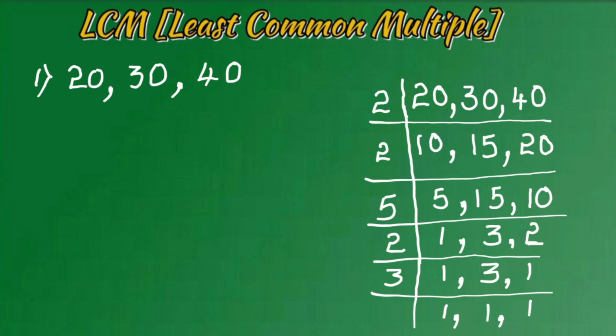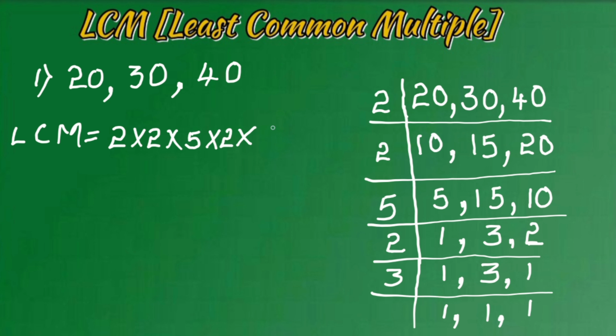Now by multiplying the numbers by which we have divided 20, 30 and 40, we will get the LCM of all these numbers. LCM, that is lowest common multiple of all the given numbers, that is 20, 30 and 40, is 2 into 2 into 5 into 2 into 3.